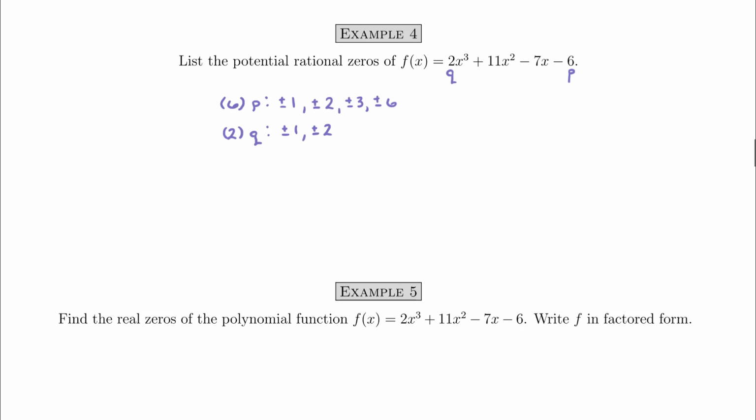And then the way we put this together is we take all of our values for p and we create a ratio of p over q. So let's first list all the values for p and divide each one of those values by the first value for q. So I'm going to make the entire list here. So it's plus or minus 1 over plus or minus 1, plus or minus 2 over plus or minus 1.